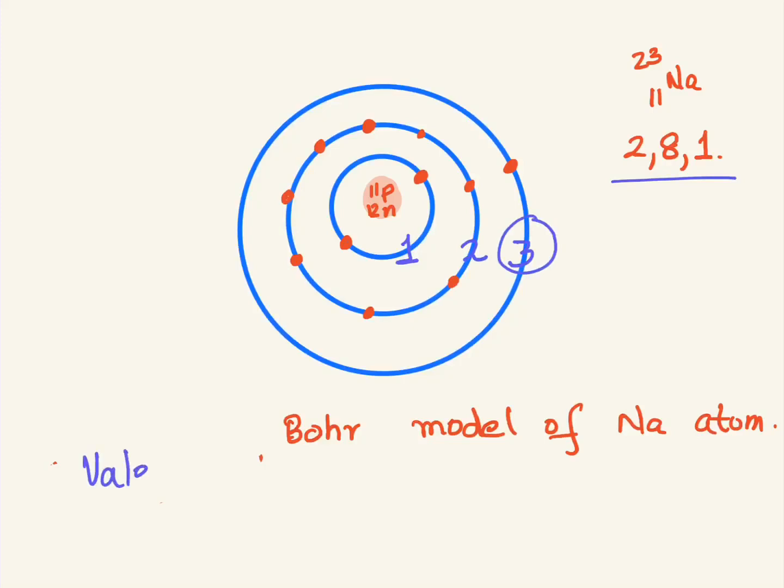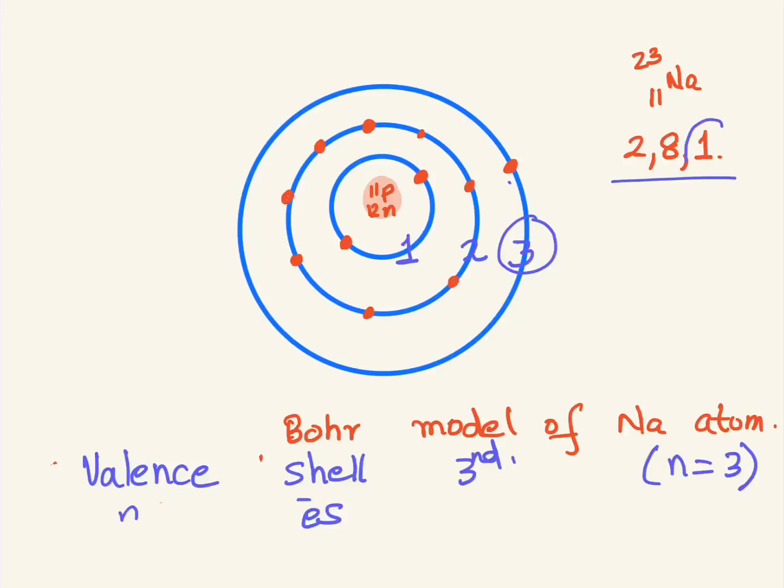So, what we've got is valence shell is our third one. Correct? That means N is equals to 3. What about the valence electrons? Now, in this valence shell, how many electrons do you see? Very correct. It's the 1 at the end. So, valence electrons are 1.